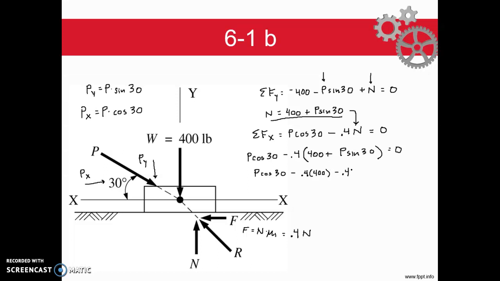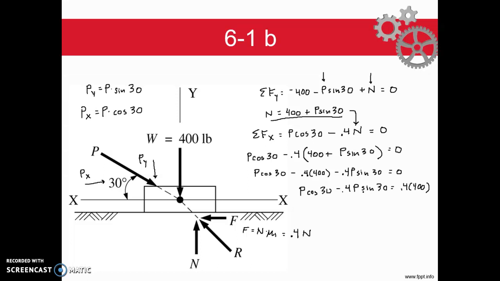Negative 0.4 P sine of 30 equals 0. All right, this term here in the middle doesn't have a P variable in it. Let's just move that to the other side. So now I've got P cosine of 30 minus 0.4 P sine of 30 equals 0.4 times 400.